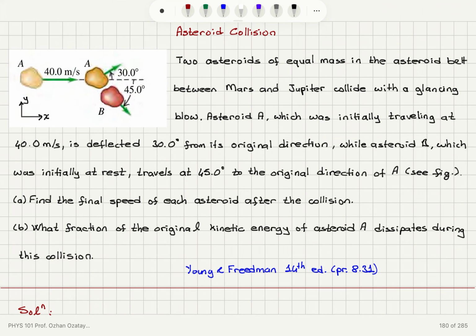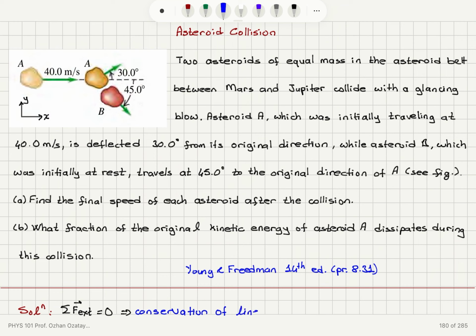Okay, so in the system of asteroid A and asteroid B, you can see that there is no external force acting on it. So if I write that the net external force acting on the system is 0, remember that this implies conservation of linear momentum.